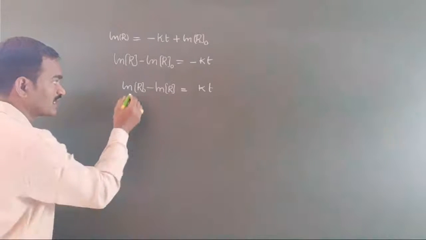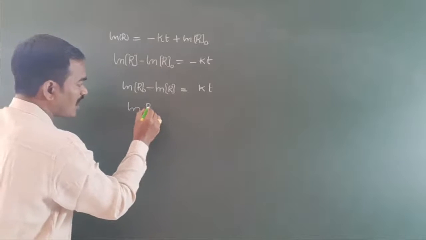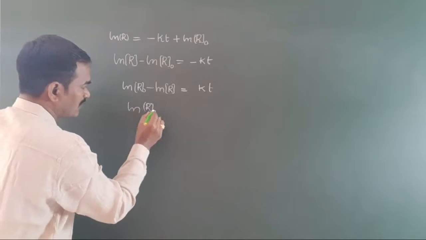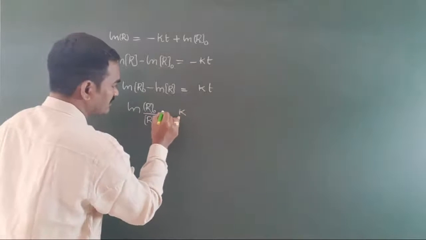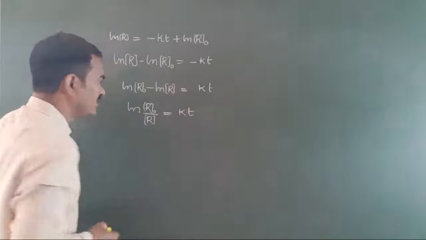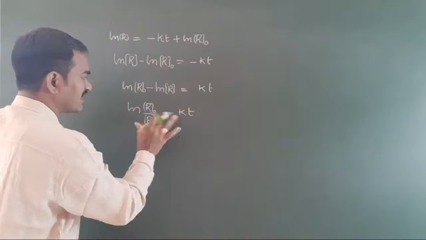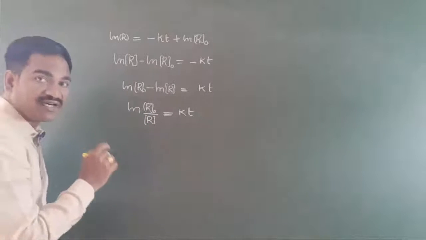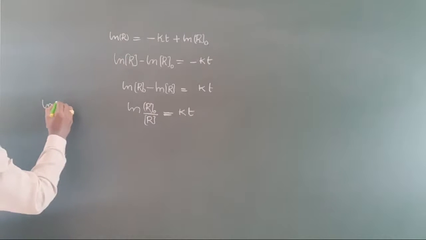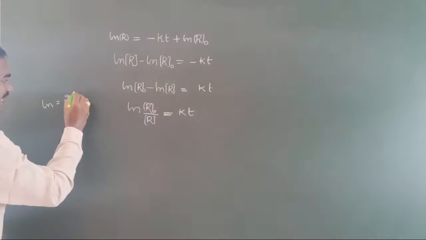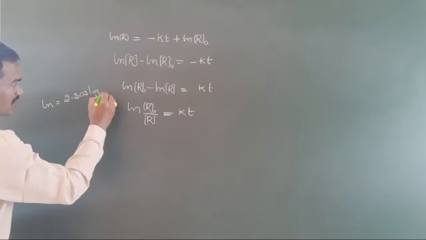Is it clear? Now we can write ln of R naught by R is equal to kT. But everyone should remember that ln is equal to 2.303 log 10.